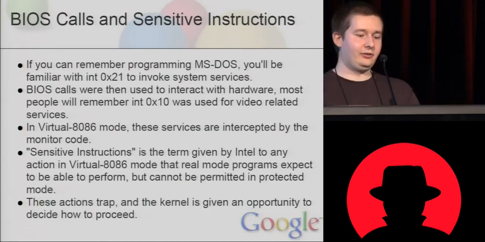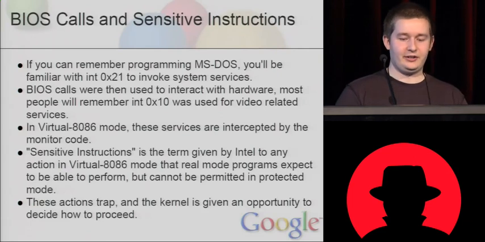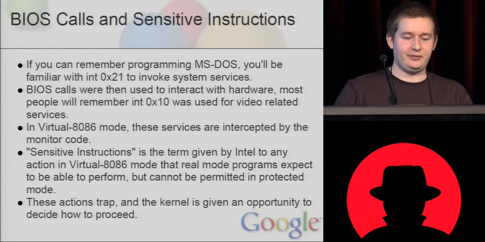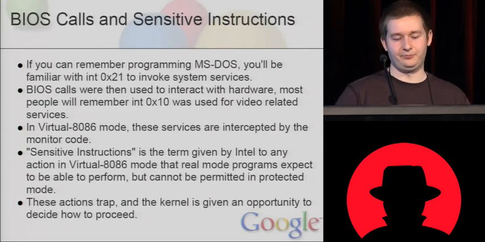Intel calls this concept sensitive instructions. Basically, any operation that a real mode program would expect to work is made sensitive, and that means that Intel will cause a GP fault and give the operating system a chance to fix this up or emulate it or do whatever it wants.